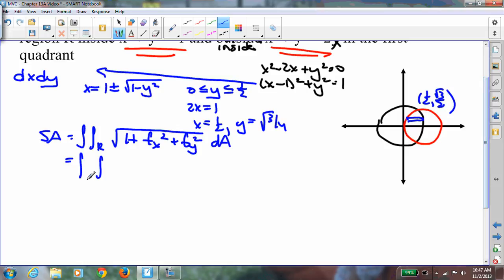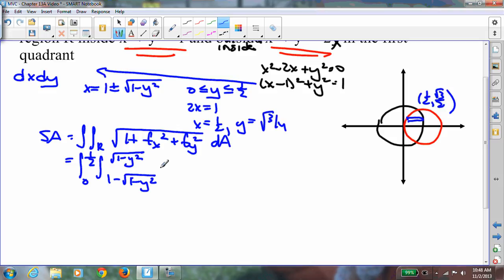So y is going to go from 0 to 1/2. x is going to go from, let's see, the right side of my unit circle equation. So that would be the square root of 1 minus y squared to the left side of my red circle equation. And that would be 1 minus the square root of 1 minus y squared.